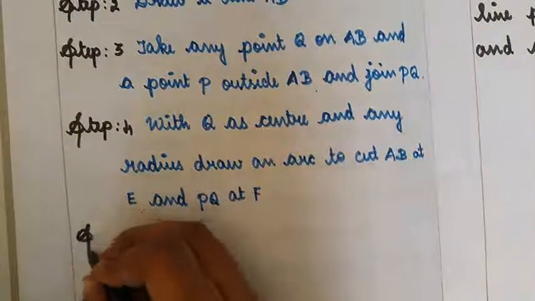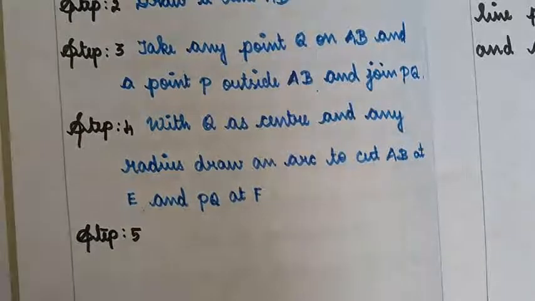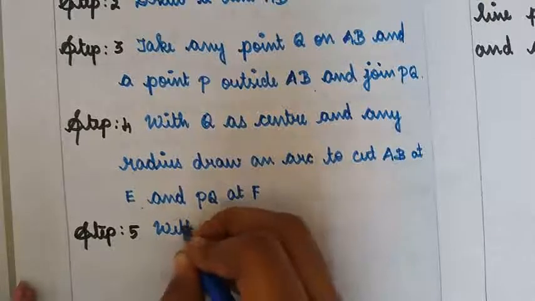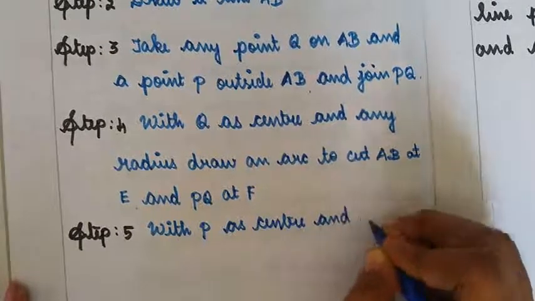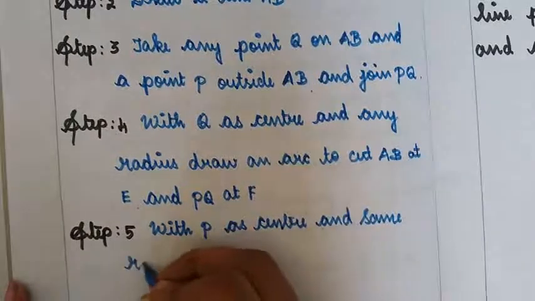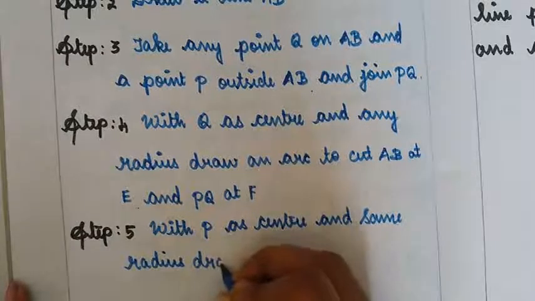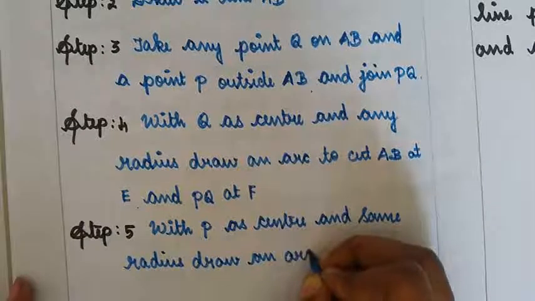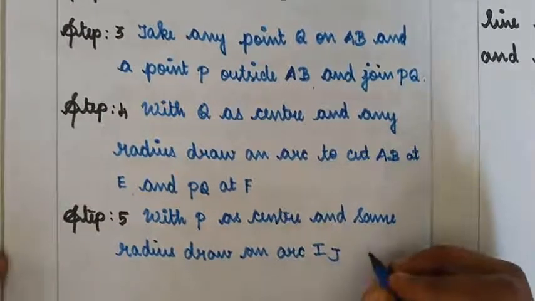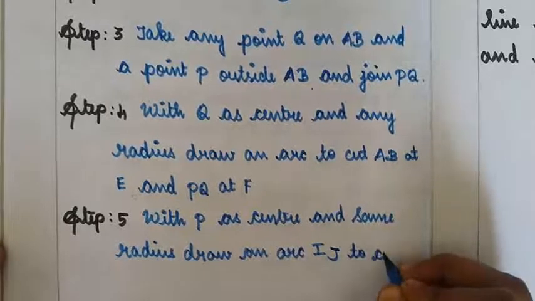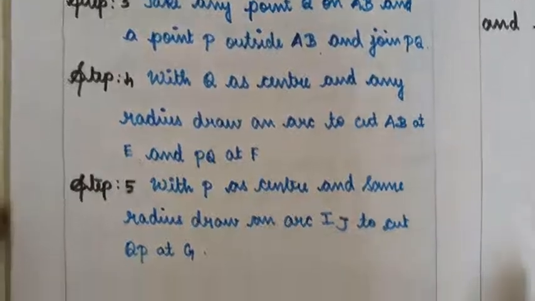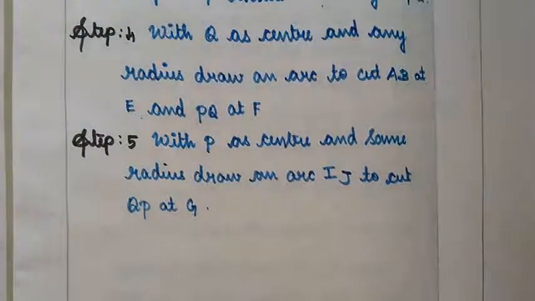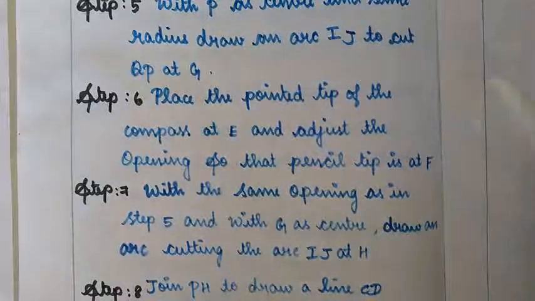Next step, step number 5: with P as center and the same radius, draw an arc IJ to cut QP at G. The next 3 steps are step number 6, step number 7 and step number 8.